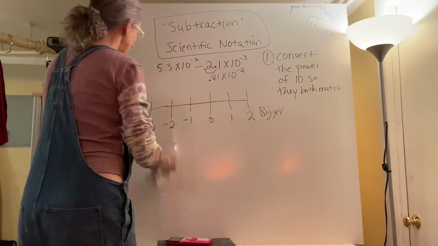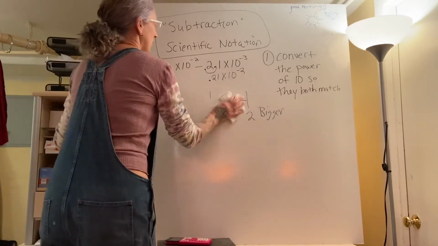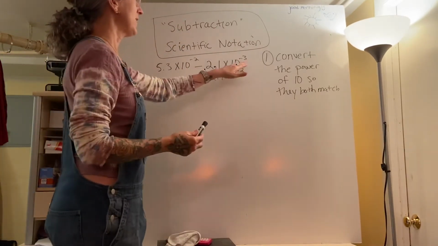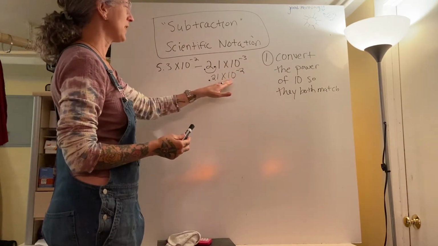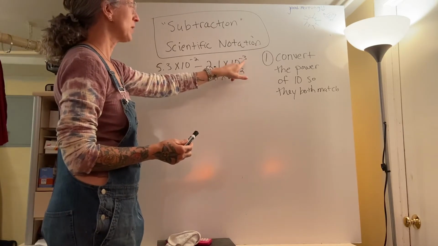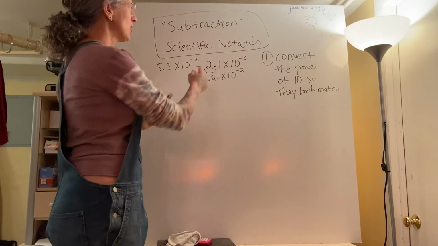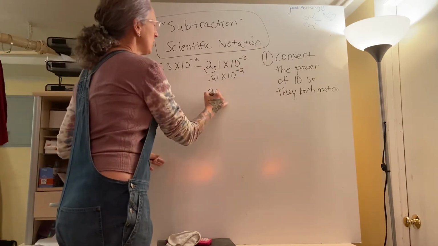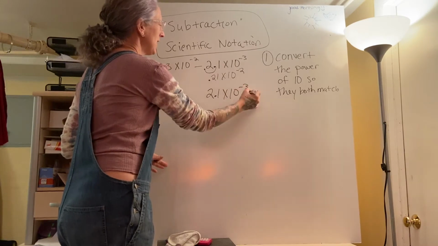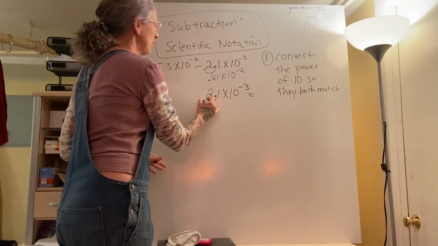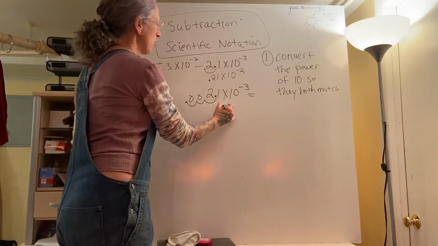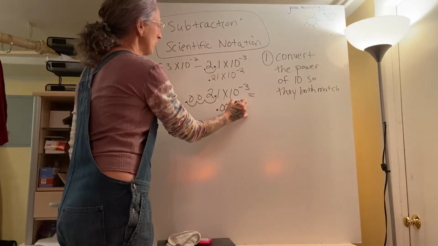I'm going to show you how to check it. So the rule with scientific notation is that when you have negative powers, in order to express them as their actual number, you have to move the decimal 3 places to the left. So this number right here, 2.1 times 10 to the -3, equals this decimal moved 3 places to the left. So it equals 0.0021.